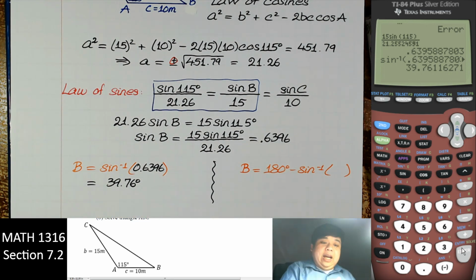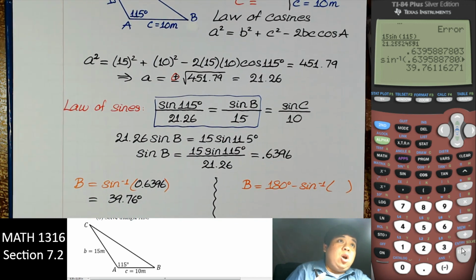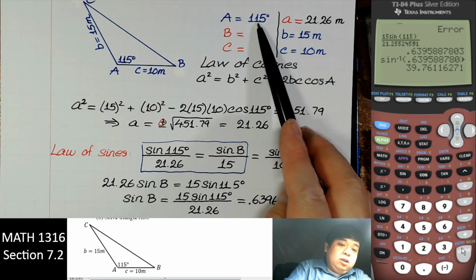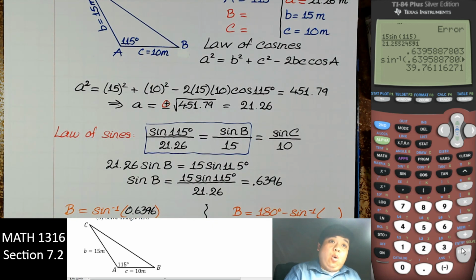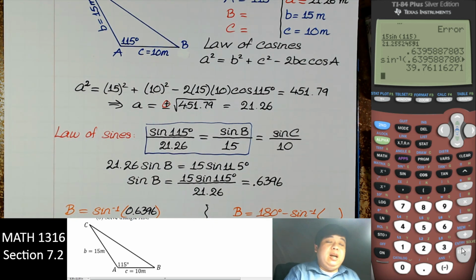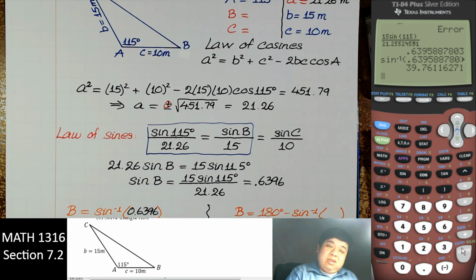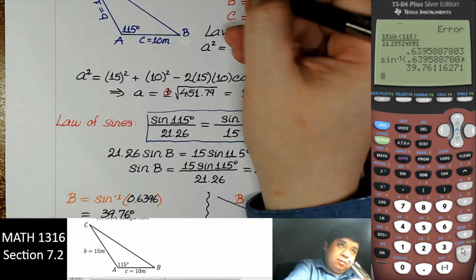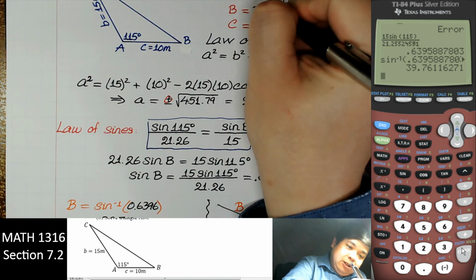By the way, we will not work on the other case, because in this scenario, A is the biggest angle. If it is not the biggest angle, it can only be acute. Think about it: an angle that is not the biggest cannot be more than 90 degrees. So this is the only case we have. We don't even need to worry about the other case. 39.76 degrees.